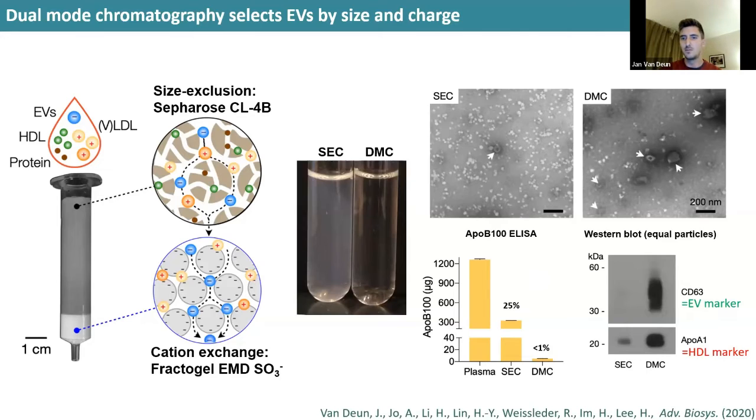And then when you load these on Western blot, also the EV markers pop up a little bit more when you load equal particles. Because of course, this is equal particles by conventional NTA, and conventional NTA also measures the lipoproteins as EVs, or as particles. So when you load equal particles, you basically don't see your EVs as well as if you only use a SEC, because most of the particles you measure are actually lipoproteins and not EVs.